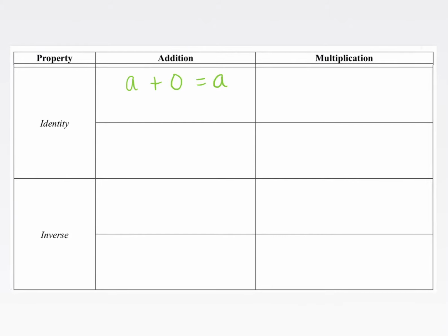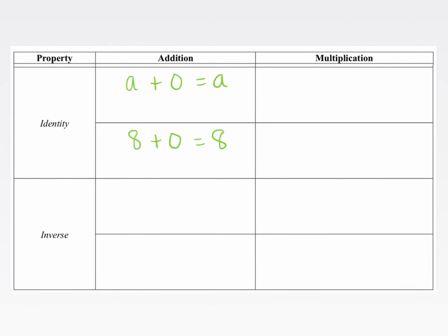We're not changing the identity of our initial number. Numerically, this is like 8 plus 0 equals 8. We didn't change the overall value of this expression. We just added 0 to it. It did not change the value of 8 whatsoever.